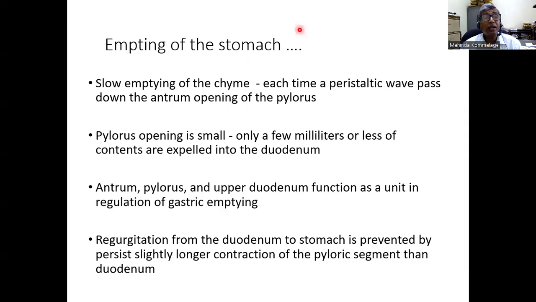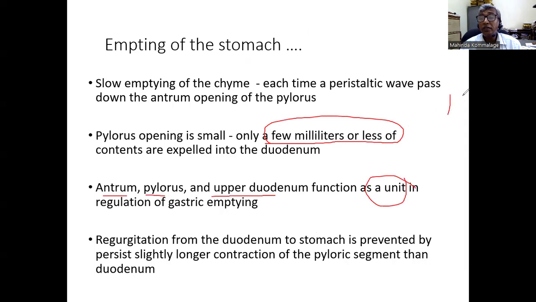So you can understand a very small amount, a few milliliters of chyme, will go to the duodenum at once. The antrum, that means the lower part of the stomach, the pylorus, and the upper part of the duodenum function as one unit. So that is very interesting.